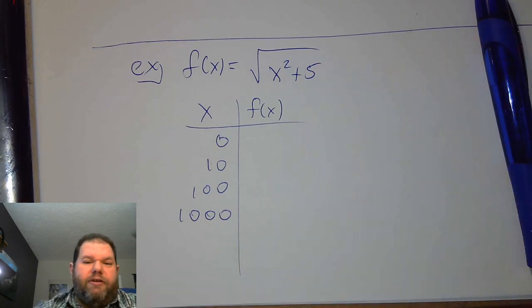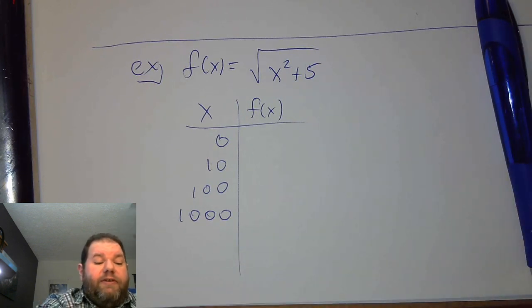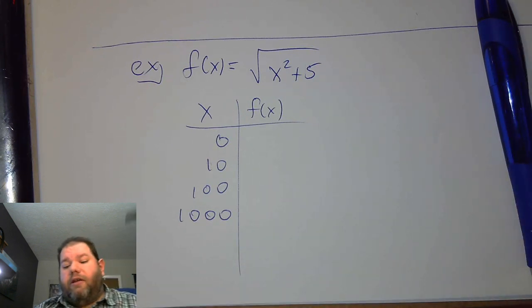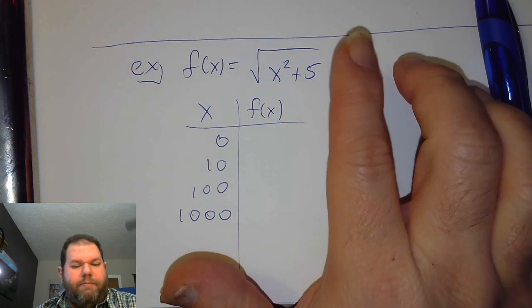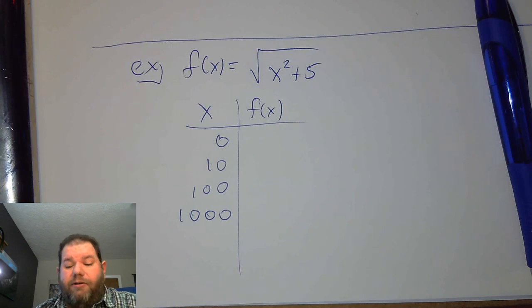So what we would do here instead, since they still want us to calculate these values, is we'll just take the 0 and plug it in here, and we'll just do them one at a time. It takes a little bit longer, but we still are able to get the right answer.